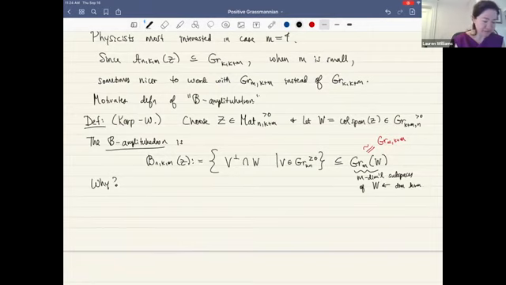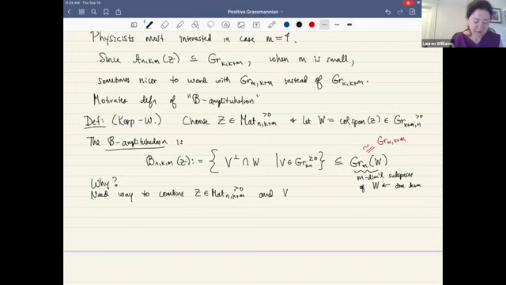Well, following the original construction, we need a way to combine our input data, which was an n by k plus m matrix, and all elements in the non-negative Grassmannian, and we need to combine them to get a bunch of k-dimensional subspaces of a k plus m dimensional vector space.